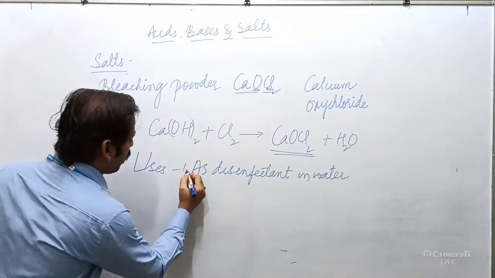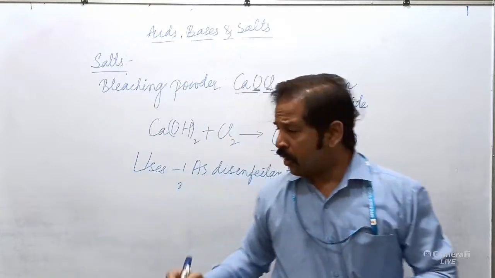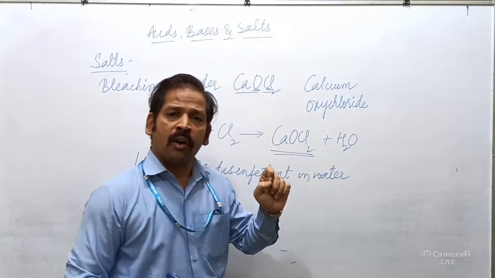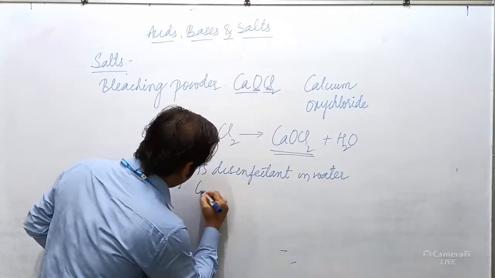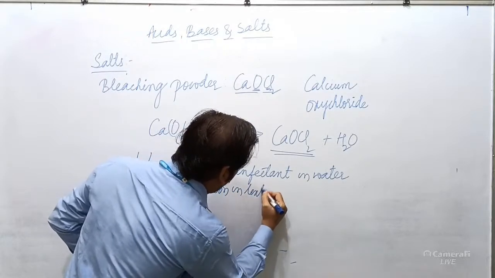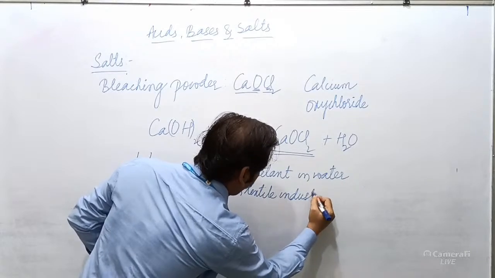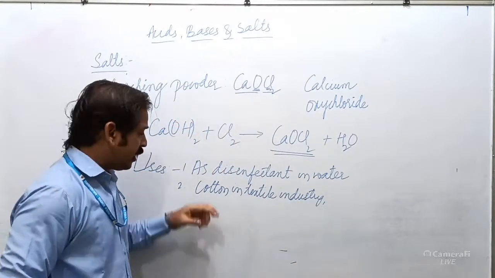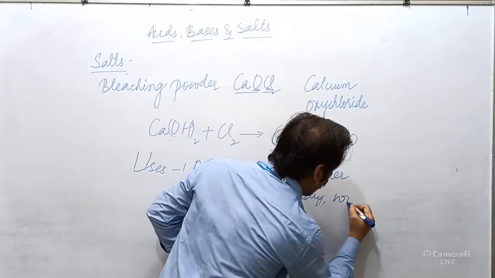The second use is the bleaching of cotton in the textile industry. The second sub part of this point is wood pulp.